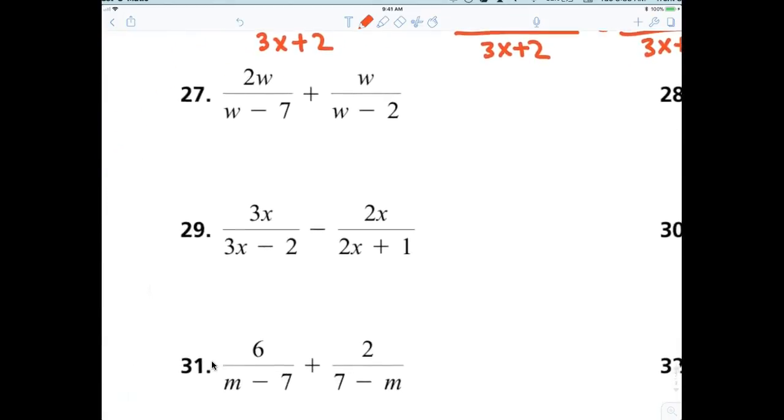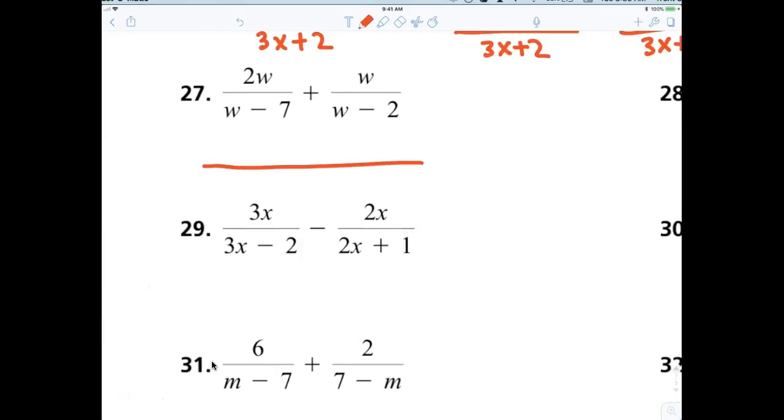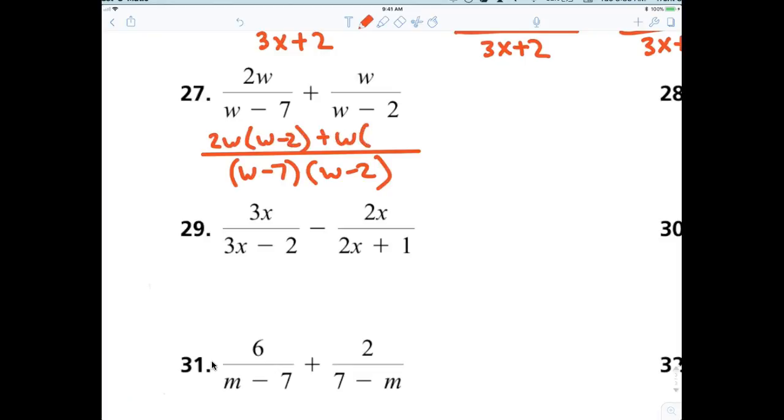All right, a little bit harder now. Number 27. What's the common denominator? Minus 7. So here we go. I have to multiply the first fraction by this and the second fraction by that.